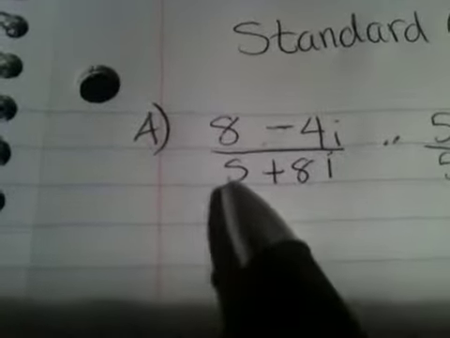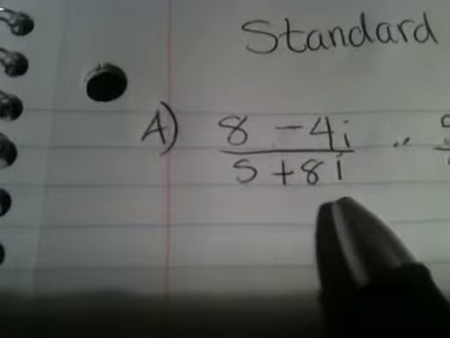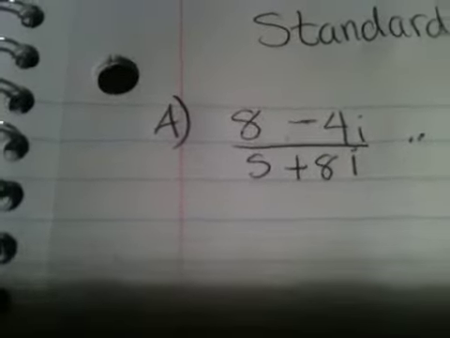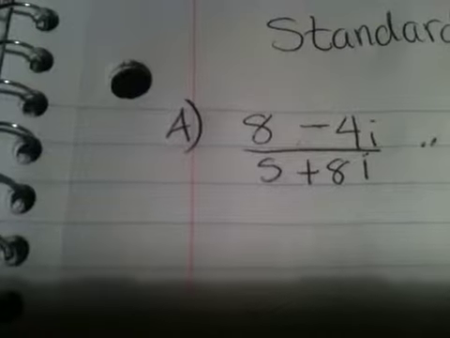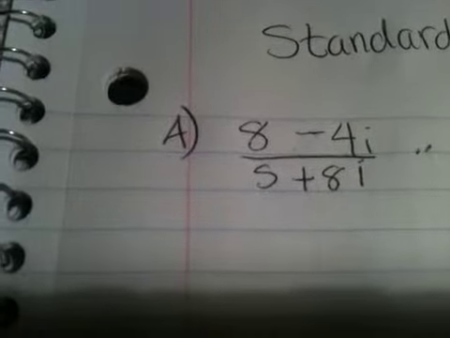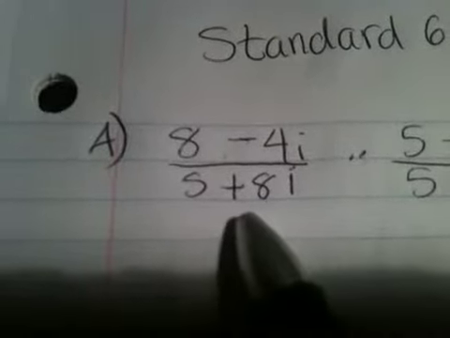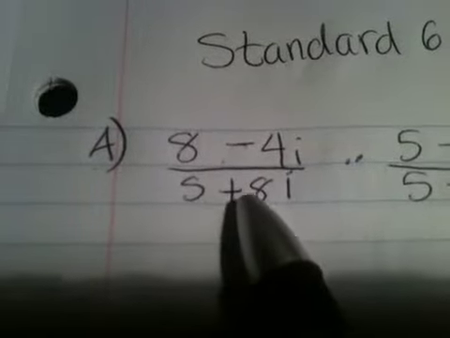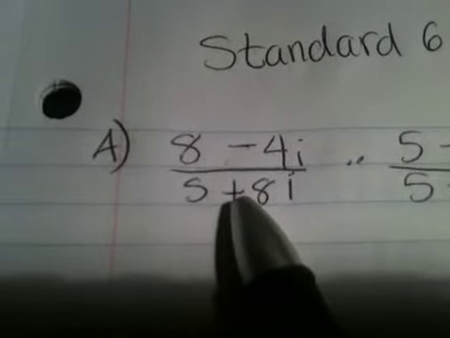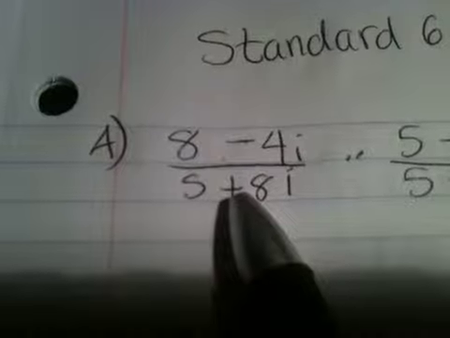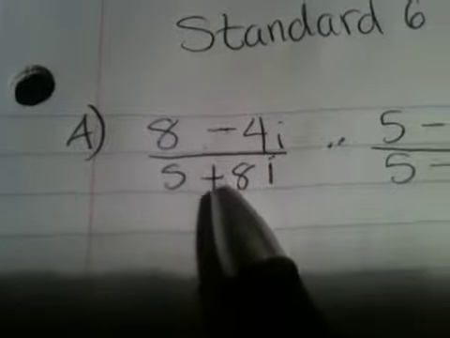Anyways, in this case, we have 5 plus 8i, and we have to multiply this same equation by the complex conjugate. To get the complex conjugate, you take the denominator and switch the sign. That's adding, subtracting, multiplying, dividing, mostly adding and subtracting.